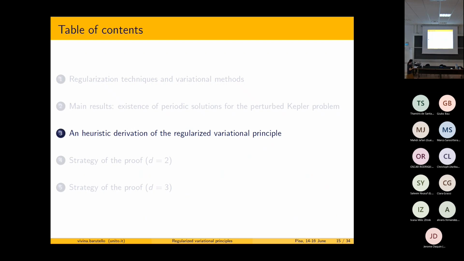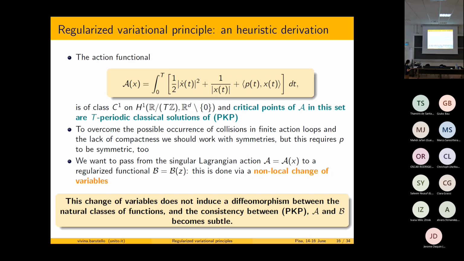Now I will try to give you an idea on how to find this regularized functional. We started from the classical action functional associated to the problem.